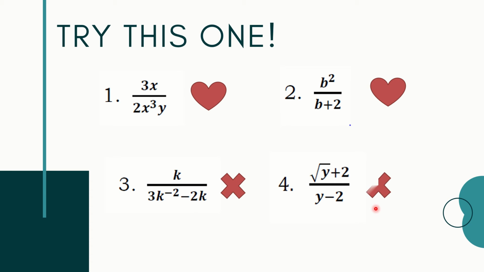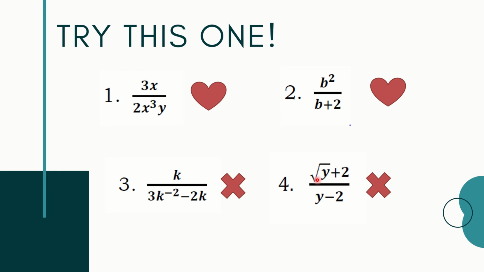So 4 is not a rational algebraic expression because, as we have said in our terms earlier, a rational algebraic expression is also a rational number which is positive integer, negative integer, having no square root on its numerator or denominator.